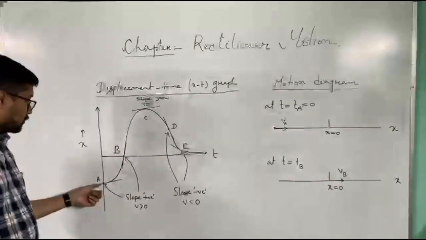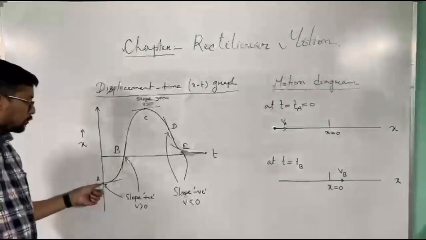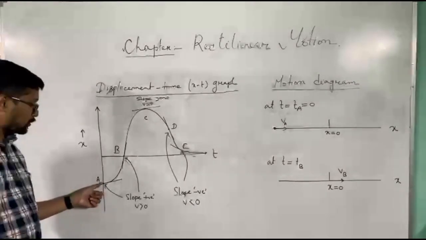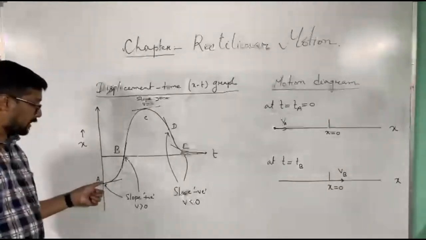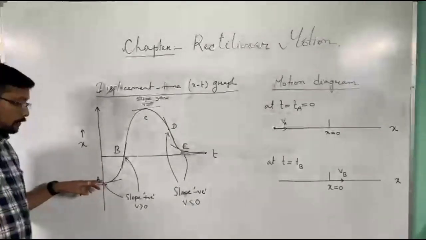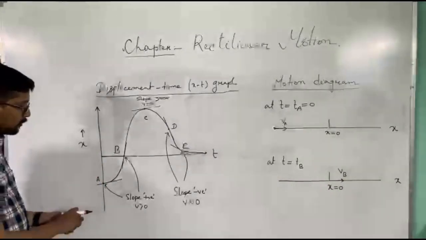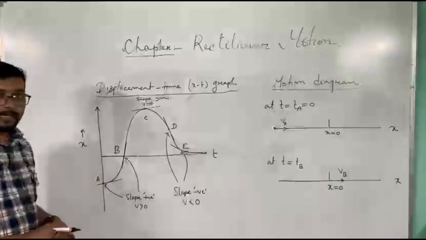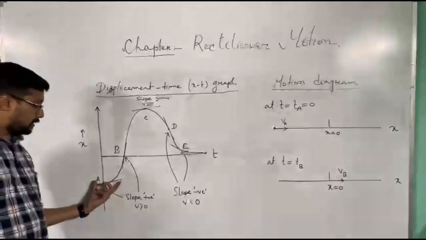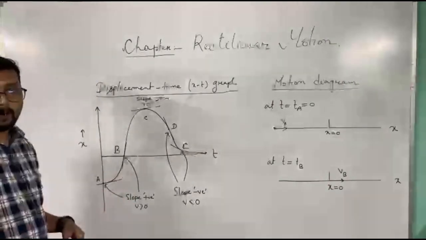Now as per this xt graph, the object has started its motion from the position A, that is at t equal to 0, the position of the object is at A. Now if I have to find out the speed of the object when it is at A, I am going to draw a tangent at A.